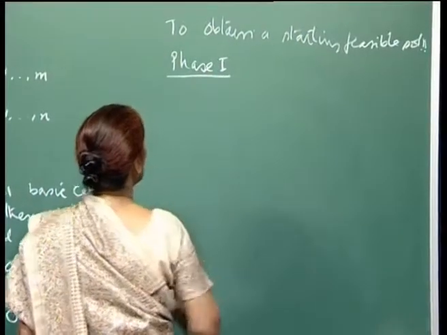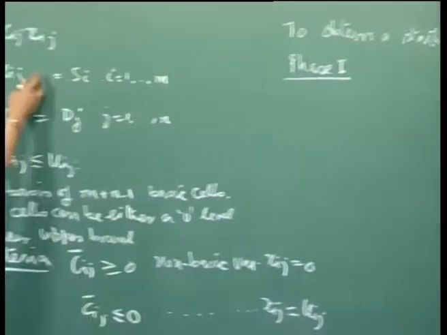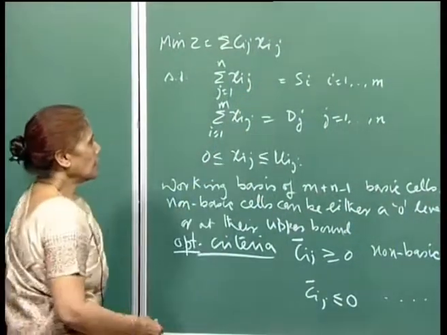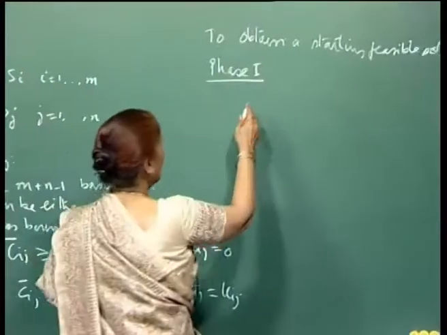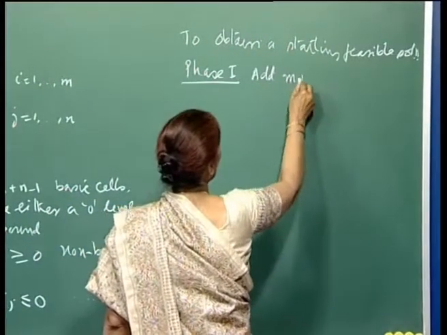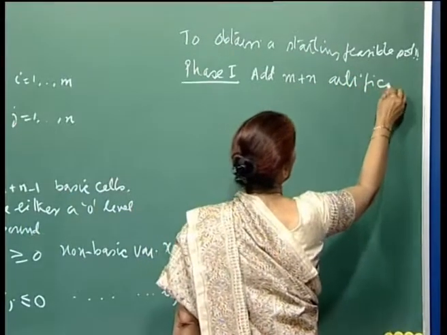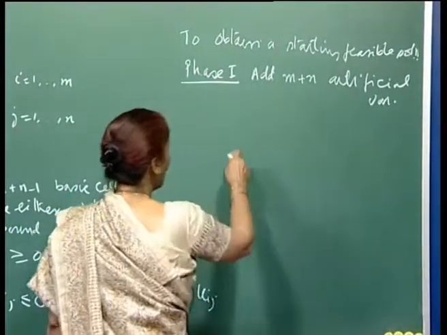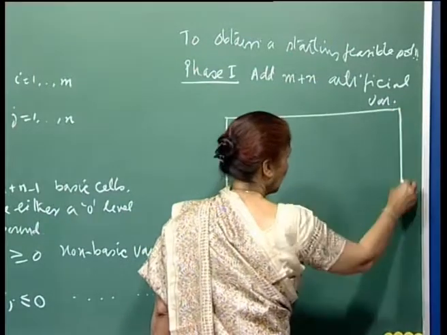The phase 1 here would be simply that you will add an artificial variable for each row and each column. That means m plus n artificial variables would be added to the transportation array. So, in phase 1 your array would look like this.